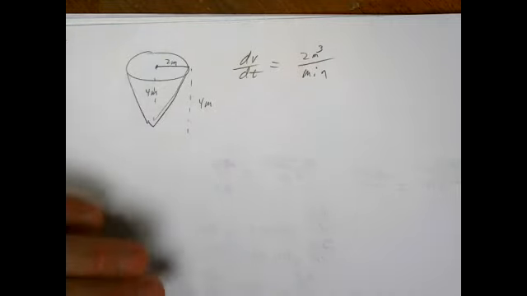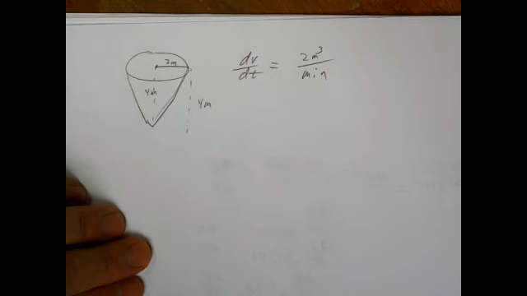That's what has to be given to you. It wants to know the rate at which the water level is changing at some instant, all right? At some instant when it's 3 meters deep.